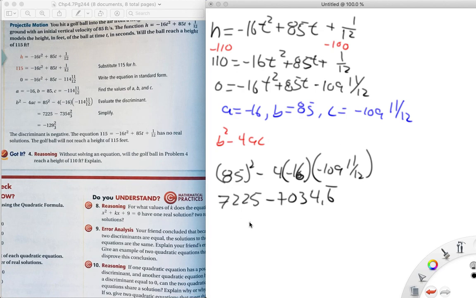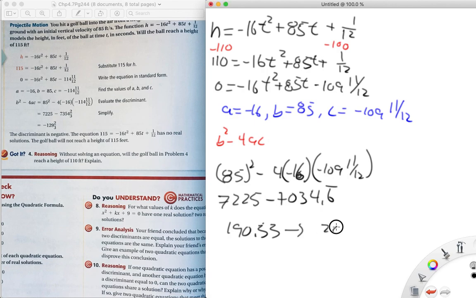So that's going to give me a positive number, clearly. So are there two solutions when t is equal to 0? Yes, two solutions. So it will reach the height of 115.